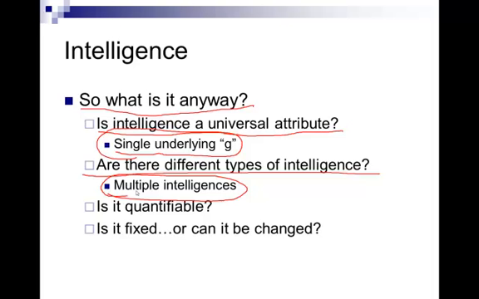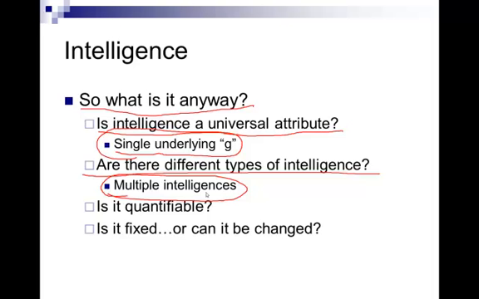This man can go into almost any country and be welcomed. He has that kind of ability and knowledge, but yet he couldn't change a flat on his car. So, multiple intelligences. Is it just one thing, or is it a multitude of things?